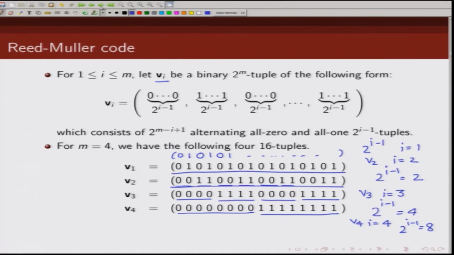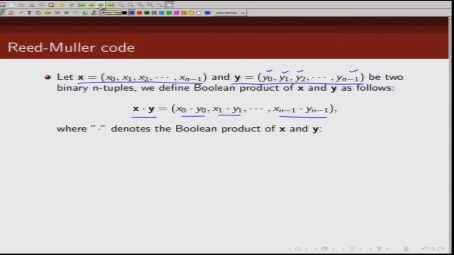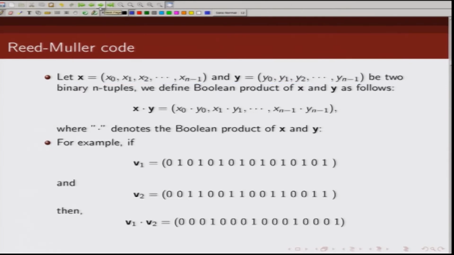So, if we define the Boolean product between V1 and V2, we write it as V1 dot V2, and V1 dot V2 will be 1 only where V1 and V2 both are 1. So, which is like this location, number 4th bit, this location, then this location, and then this location.